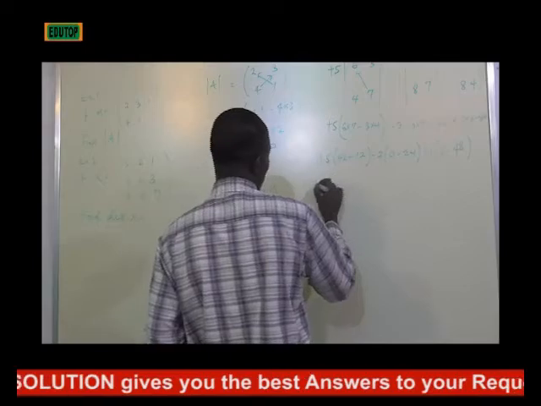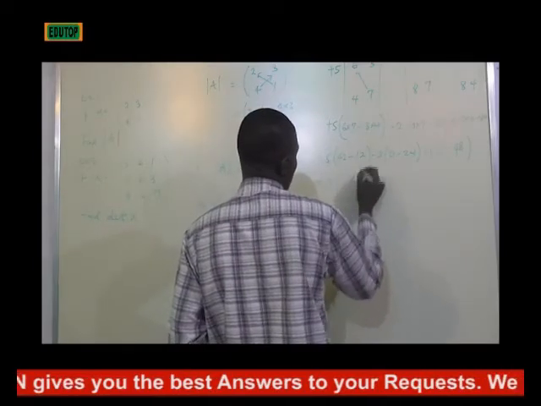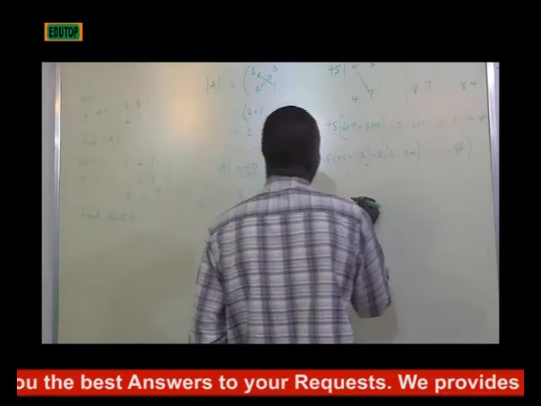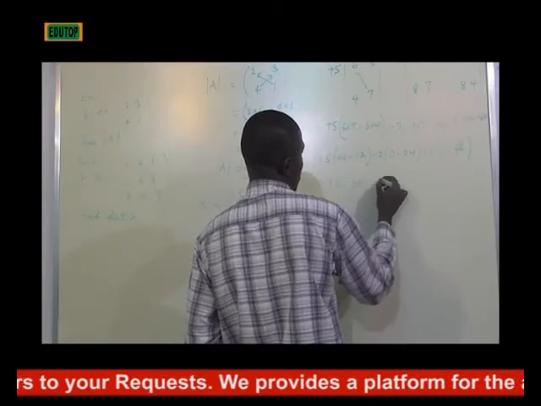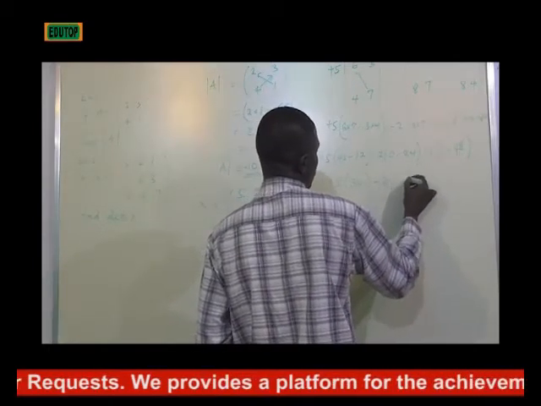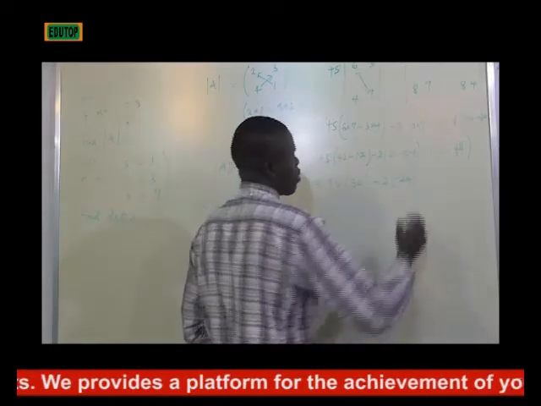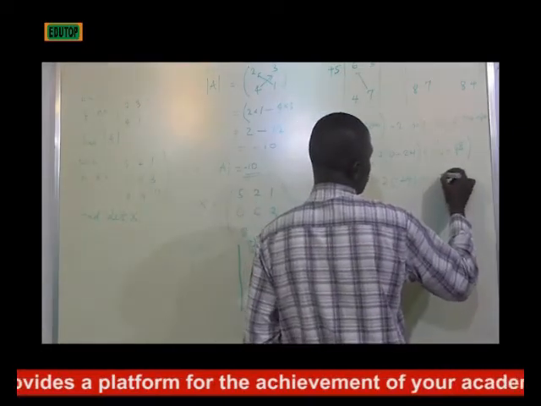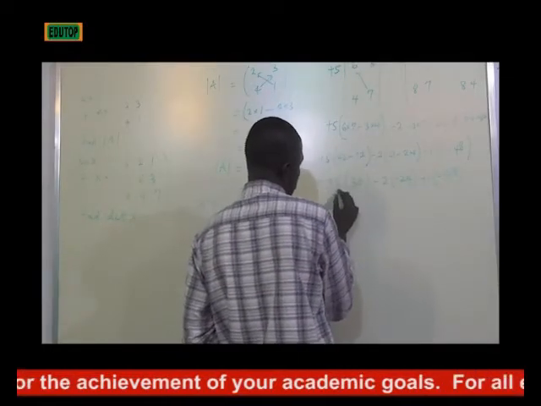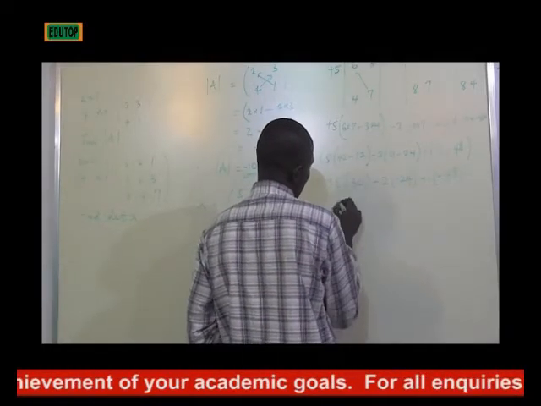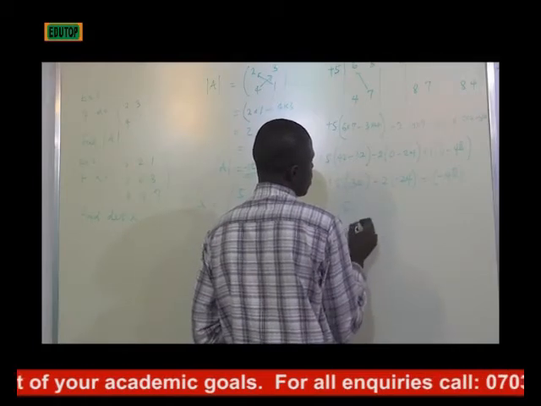So automatically here we are going to have +5, 42 minus 12, that will give us 30. Minus 2 into minus 24. Then this one will be +1 into minus 48. So this one will be +5 times 30, that will give us 150.